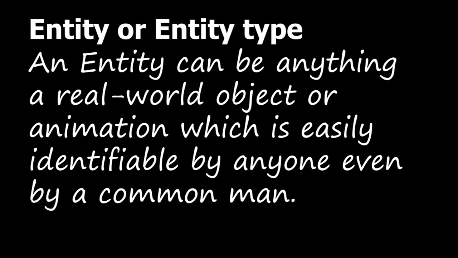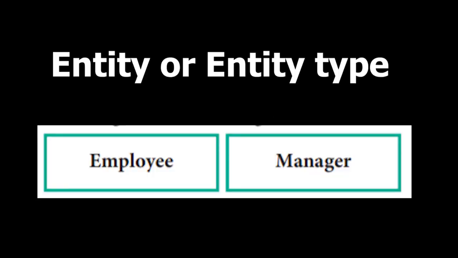Likewise, if a common man can identify that, that is called an entity. Here they have given a box called employee and manager. When you see this box itself, we can find that this is for a company. Here is a manager, here is an employee, so that it is identified by a common man also, right? So this is an entity, and this entity is represented in a rectangular box.